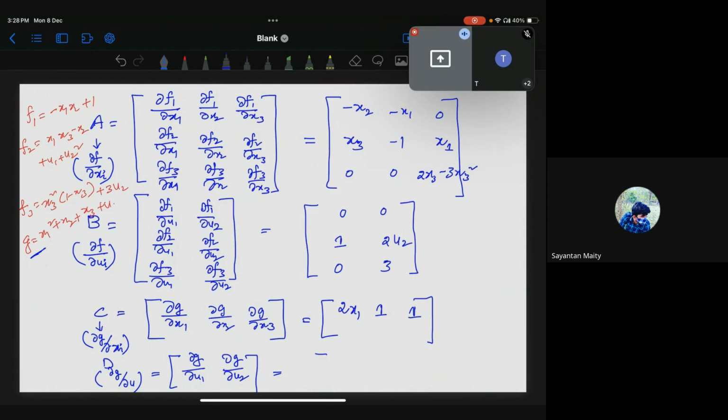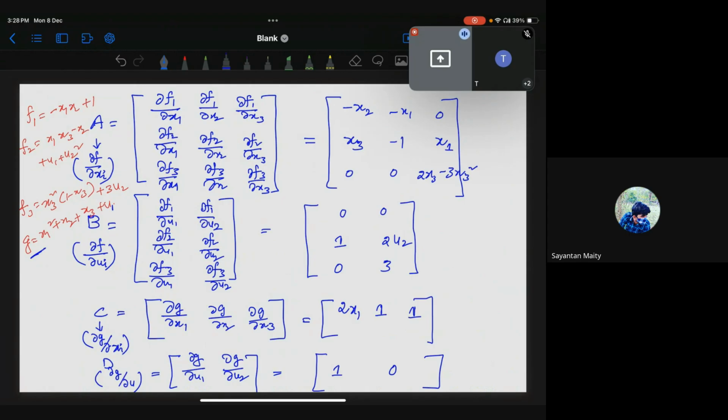And the last equation with respect to U1 is 1, U2 is 0. So these are general expressions. I think this should be clear. Any doubts?